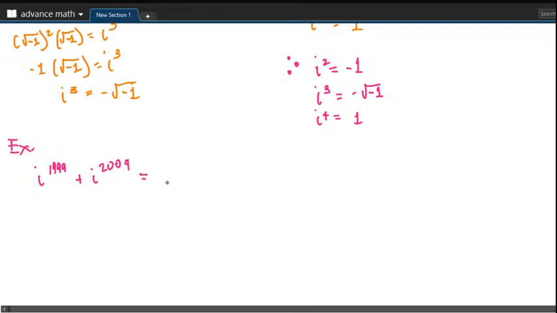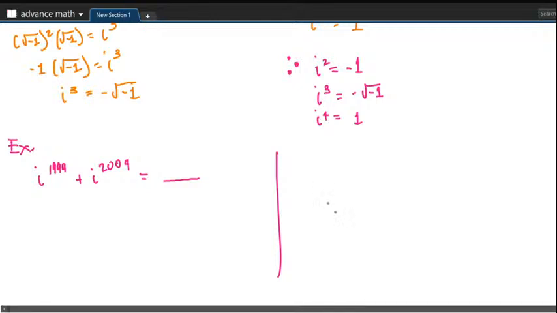We'll be going to get the sum of this one. So the very first thing for us to do is to divide our exponents by 4.